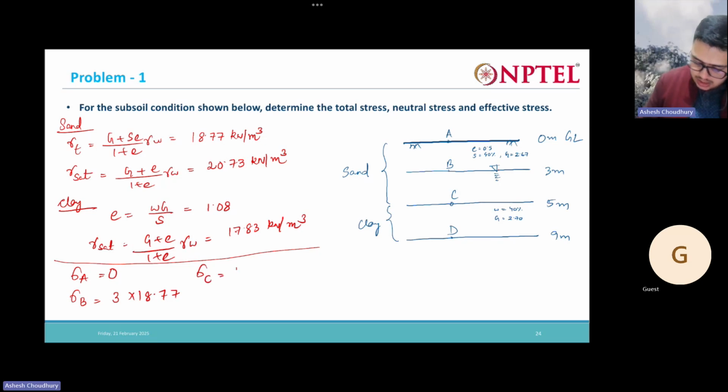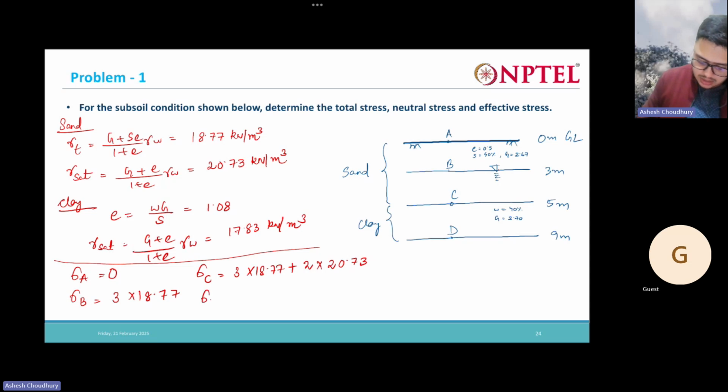It is 3 times 18.77 plus the water weight, that is 2 times the saturated unit weight, 2 times 20.73.